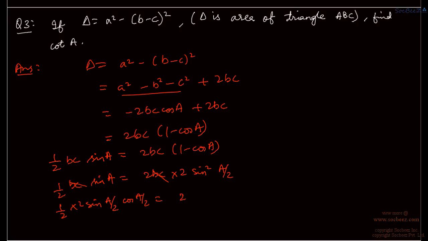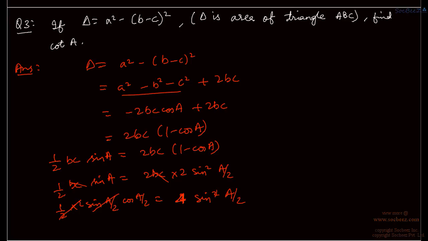That is equal to 4 sin squared a by 2. This cancels, sin a by 2, one power cancels. So we get tan a by 2 is equal to 1 by 4. Actually, I cancel sin a by 2 here, which usually you shouldn't do. But here we are sure that the angle can't be 0. And sin a by 2 is 0 only when a is equal to 0 or a is equal to 180 degrees.